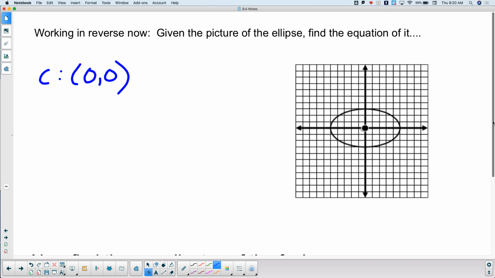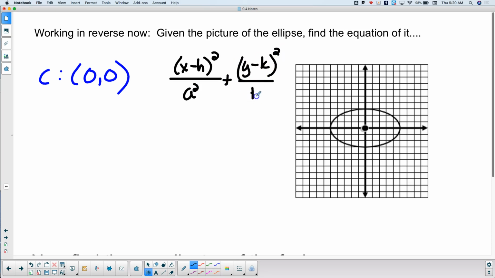So I know that my equation is going to be x minus h quantity squared divided by a squared plus y minus k quantity squared divided by b squared equals 1. Right?